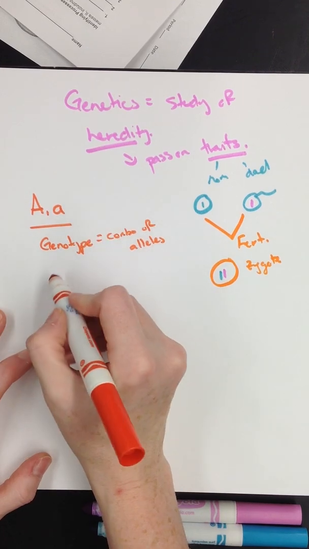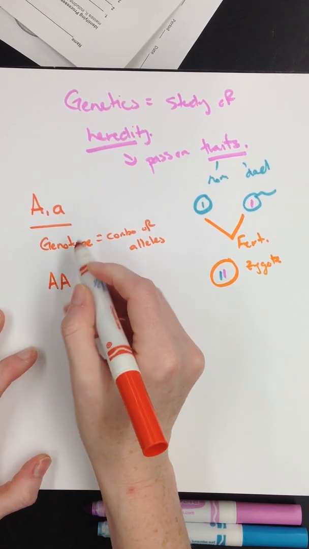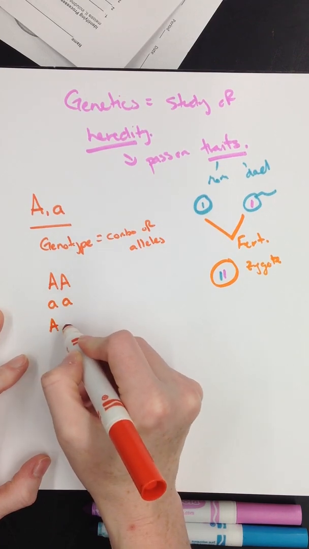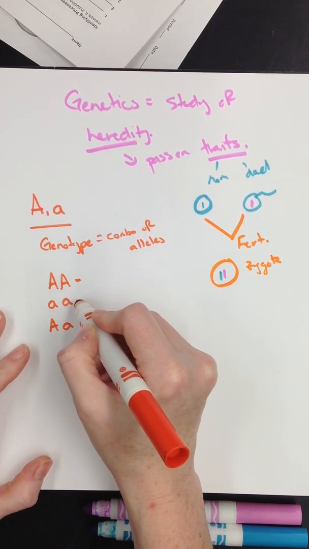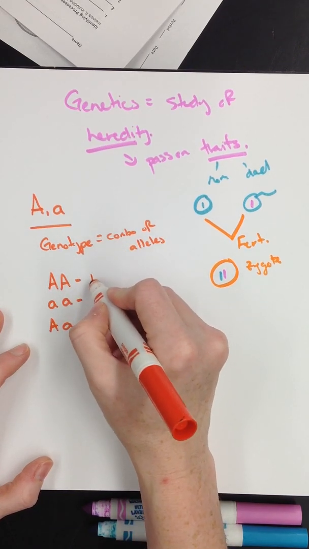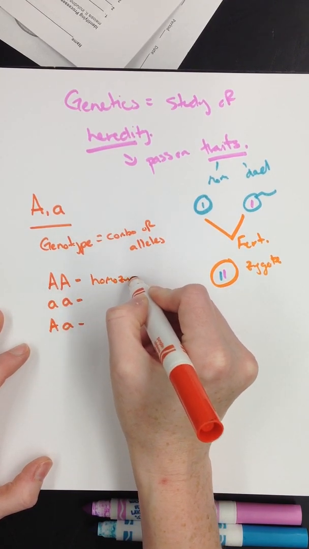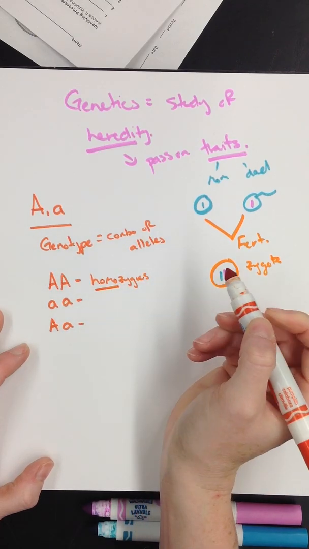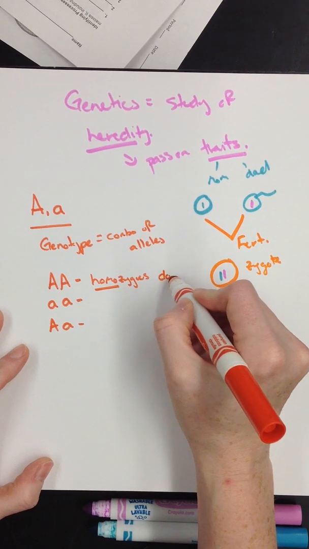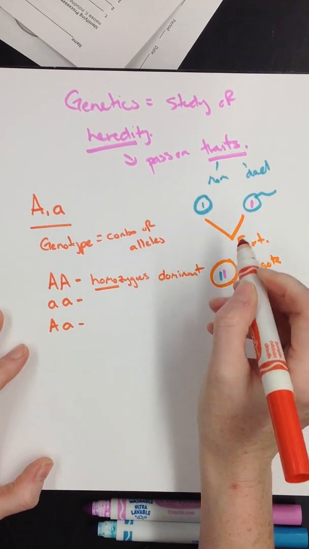But since you get one from mom, one from dad, you can either get two big ones, one from mom, one from dad. You can get two little ones, one from mom, one from dad, or you can get a big and a little one. Well, those all have names, and so if you have two big ones that are the same, that's a homozygous, because homo means same. And since these are capital letters, that's going to represent the dominant trait.